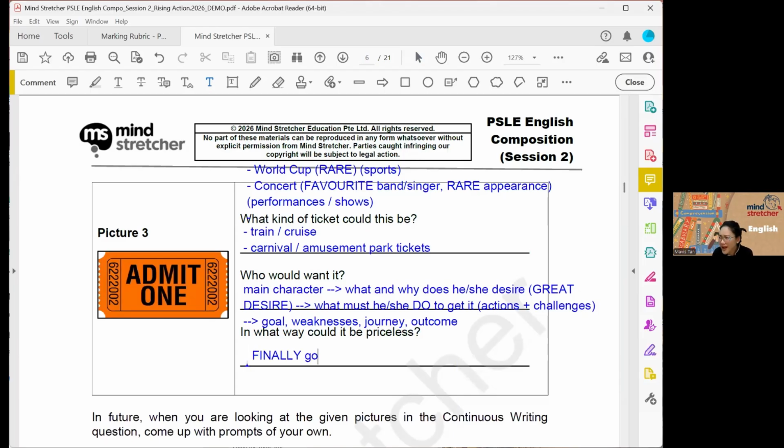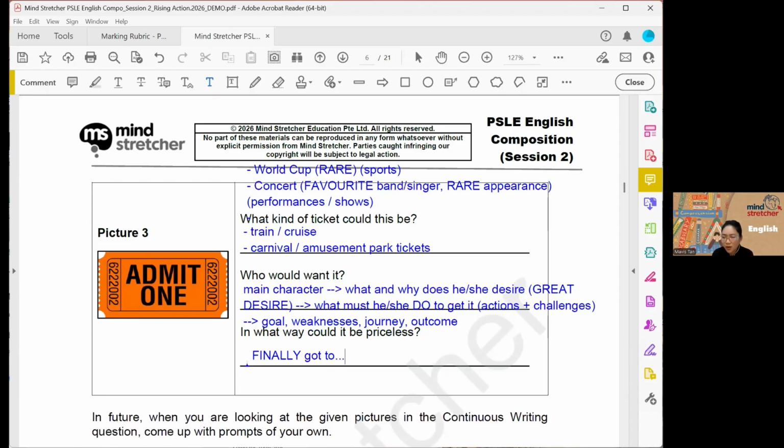So your character finally got to see the idol perform, watch a match, okay? Or even having a ticket to watch someone important to you compete in a match. It's also priceless. You know, when let's say you are a performer at a concert, how many tickets do you usually get?